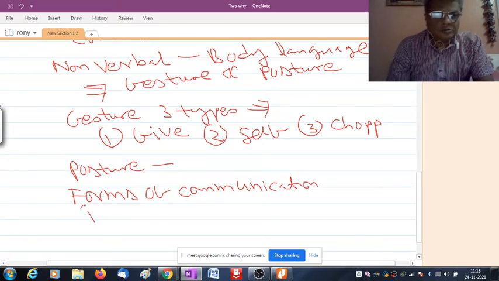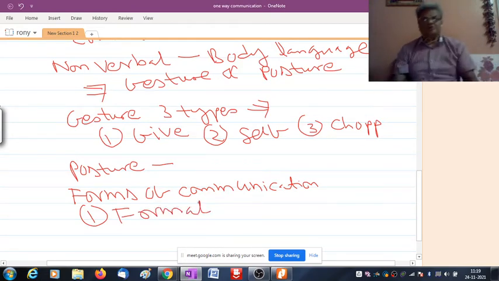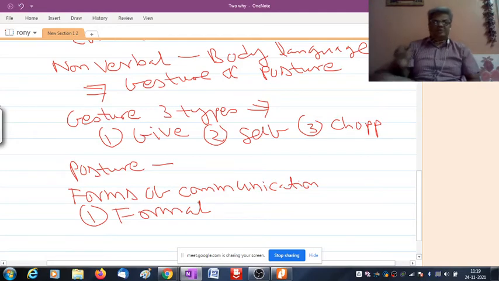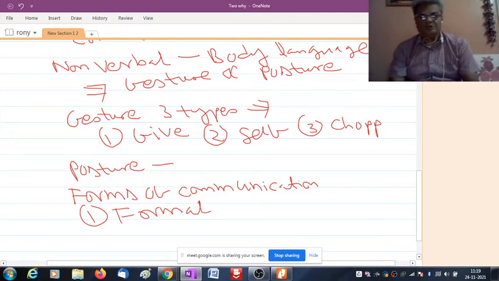Number one, formal. What is formal? I have already explained in my last class, but to recapitulate, there are three types of formal communication.